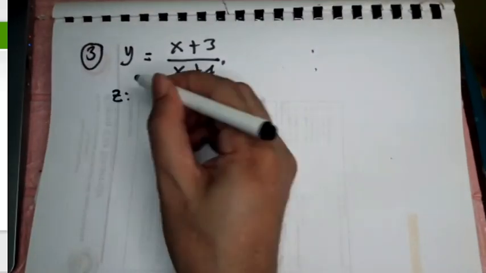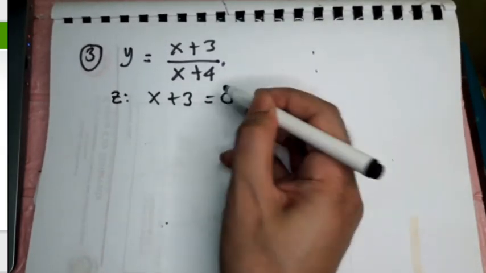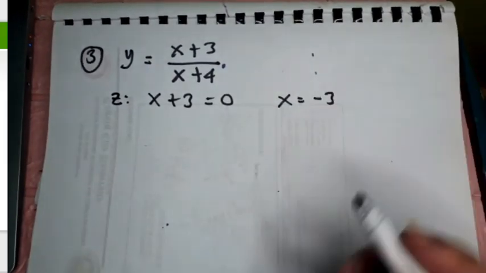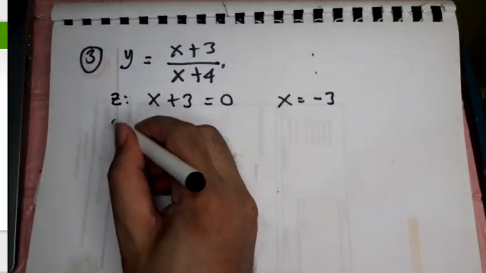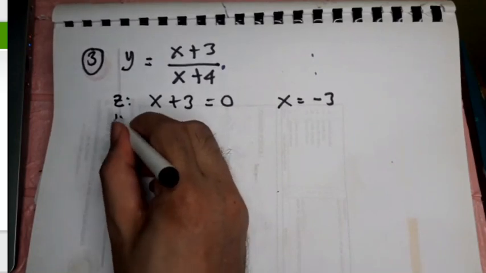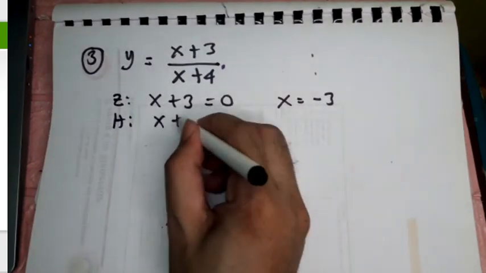So x plus 3 is equal to 0, therefore x equals negative 3. For the denominator, x plus 4 is equal to 0, therefore x equals negative 4. So what else?